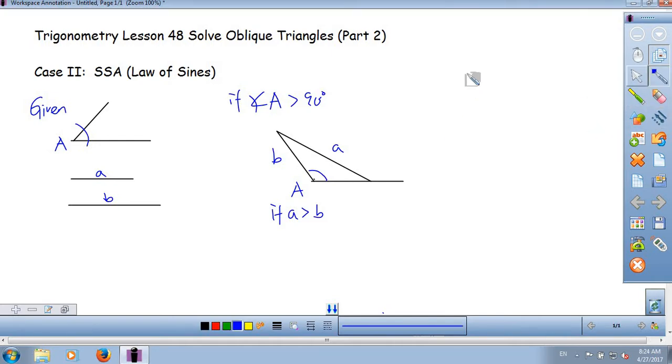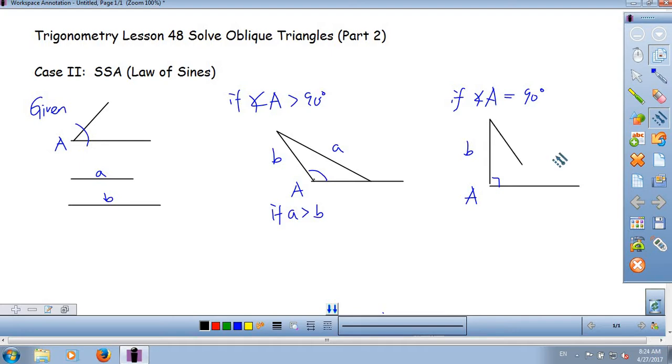Now what if the angle given to us is equal to 90 degrees? That's a possibility, so let's draw a 90-degree angle. We're considering all possibilities. Angle A is 90 degrees, and this is side B, because B is adjacent to A. In this case, how long does A have to be compared to B?